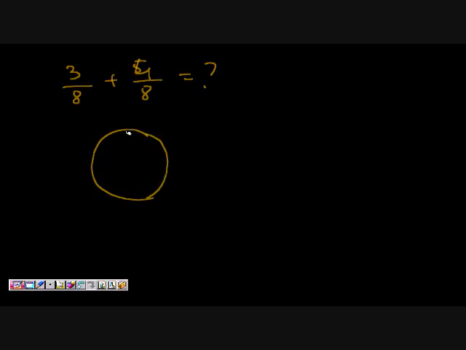And let's say you divide it into 8 parts. Okay. Now for the first fraction, we have 3 parts. This is the first part out of the 8 parts. So this is the second part, and this is the third part. So you have 3 by 8. So this is your first fraction.